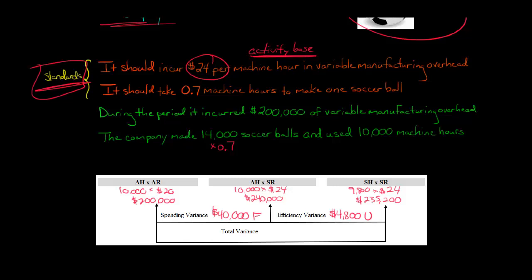If we net together our 40,000 favorable spending variance and our $4,800 unfavorable efficiency variance, that gives us a total variance of $35,200, and that's a favorable variance. That's our total variance. But again, our efficiency variance is $4,800 unfavorable.